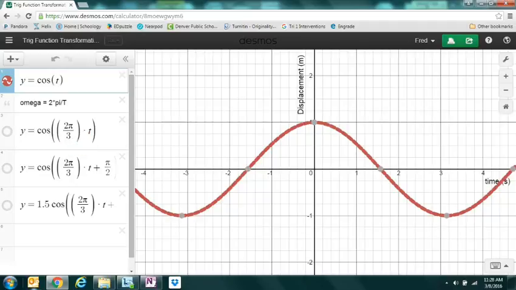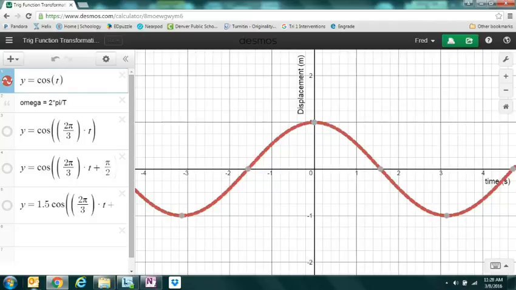So if I were to plot this function, y equals cosine of 2 pi over 3 times t, what I should get is a cosine function that will repeat itself once every 3 seconds, instead of getting something that repeats every 2 pi like this one does.